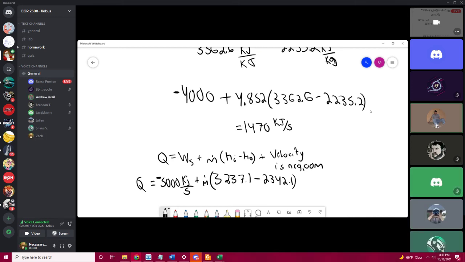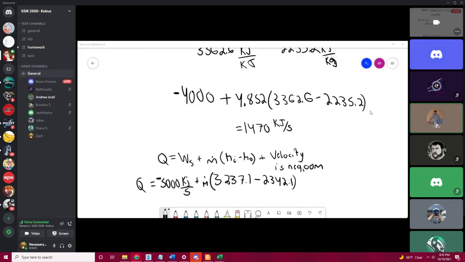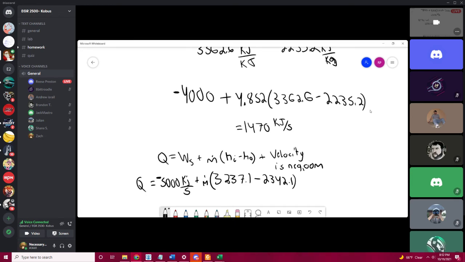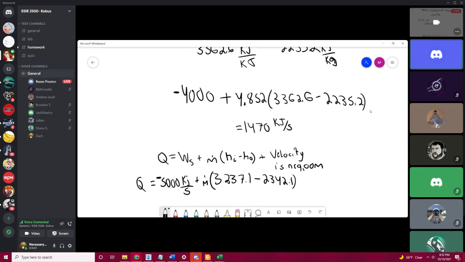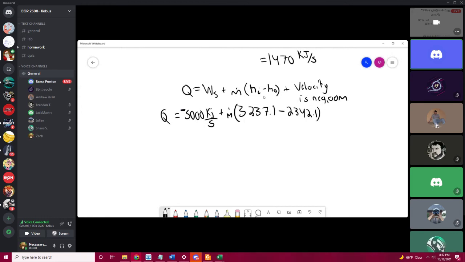Let's make that negligible by design. By design. Cool. So we're basically left with the same things from last time. I forgot. Yeah, okay. I was just looking at this. Q, that's negligible again because they didn't take that insulation off, so that's gone.